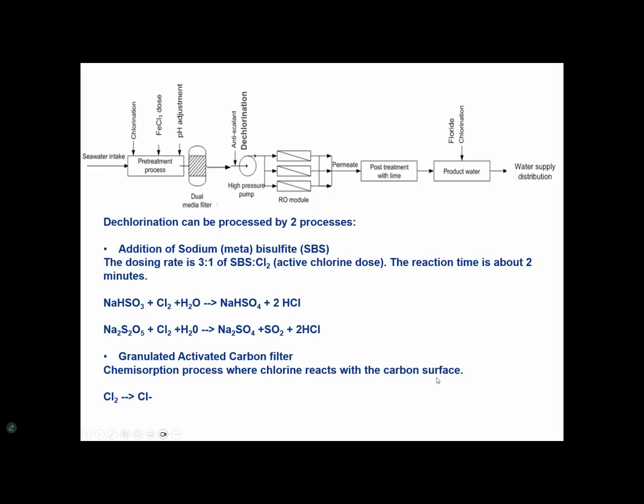As you know, seawater has around 1 milligram per liter of organic compound, and this can also react with chlorine, which can be ionized to your chloride form, so that you can naturally also remove the active chlorine, which is a very strong oxidant. You can dechlorinate it. But people think about microfiltration, ultrafiltration being utilized for the pretreatment.